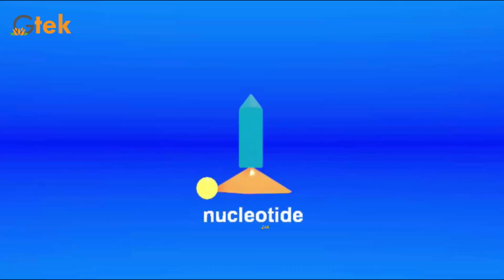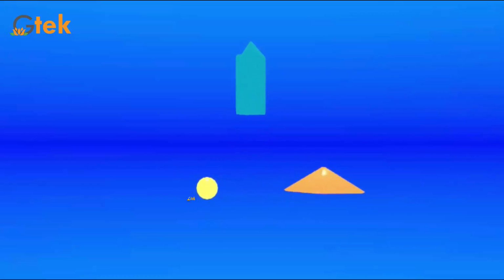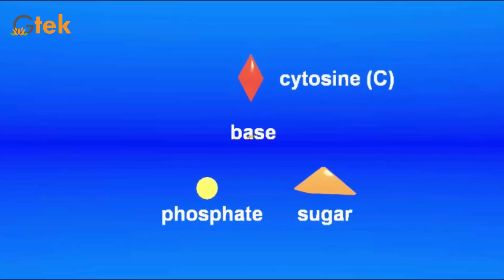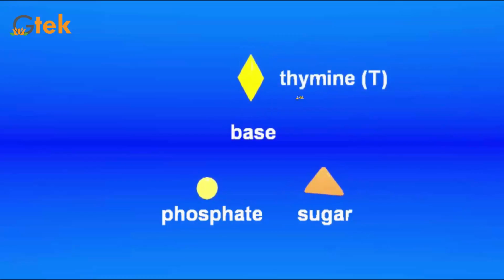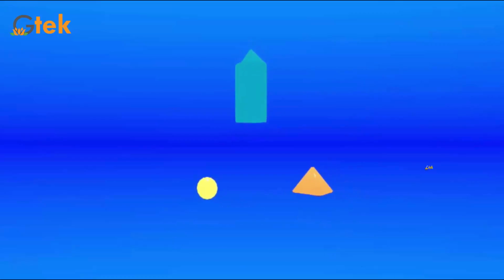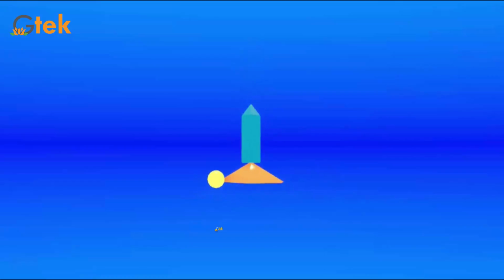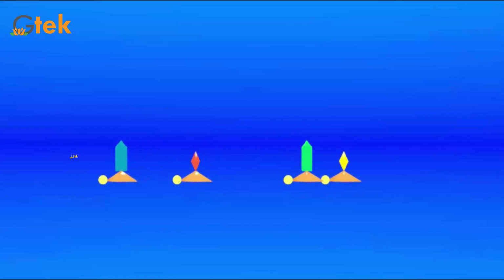You can see the nucleotide, and this nucleotide is formed by base, phosphate and sugar. The bases are adenine, cytosine, guanine and thymine, and together these three things form the nucleotide. And then a number of nucleotides will form the DNA.